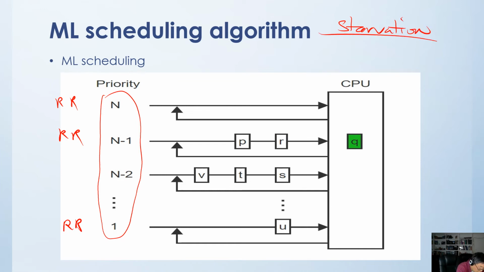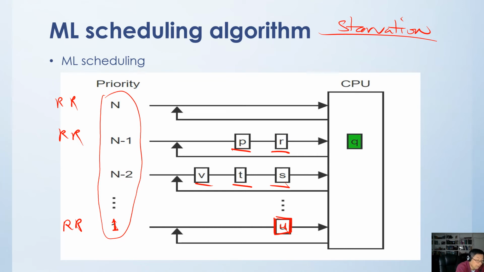Now let's take a look at this process U, which is at level 1. That's the lowest priority level. Process U doesn't have a chance at this moment because there are many processes above level 1. Process U will get a chance to run only after all the processes above level 1 are completed.